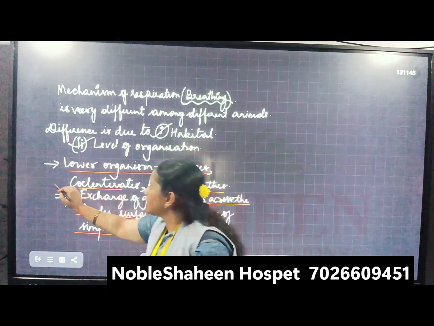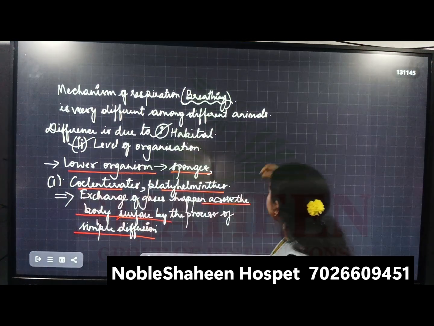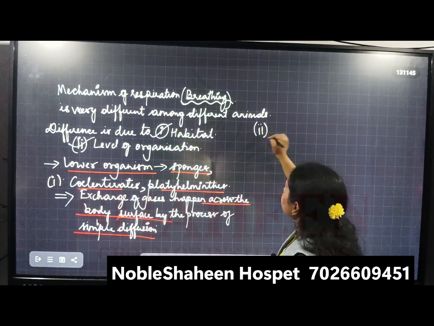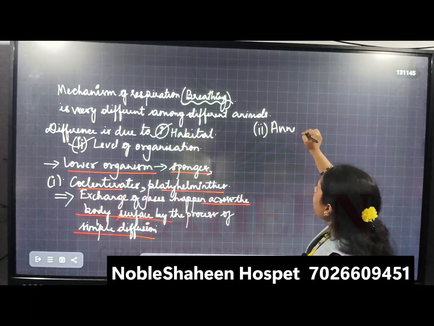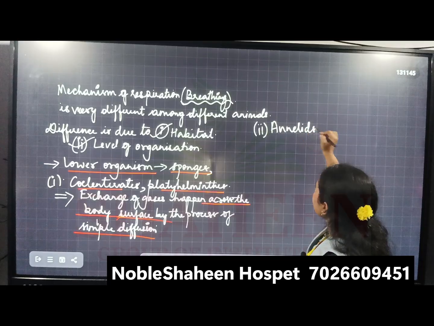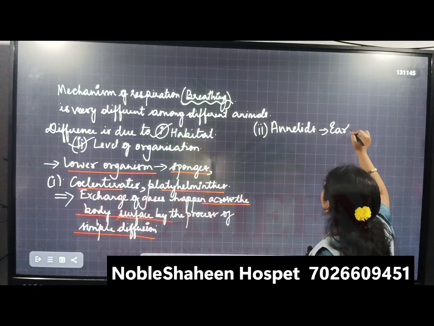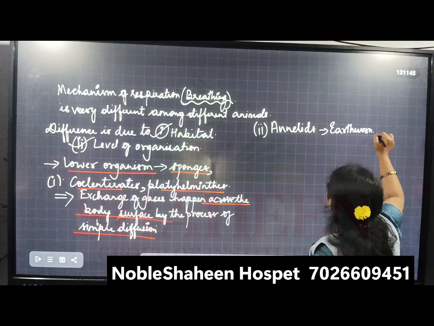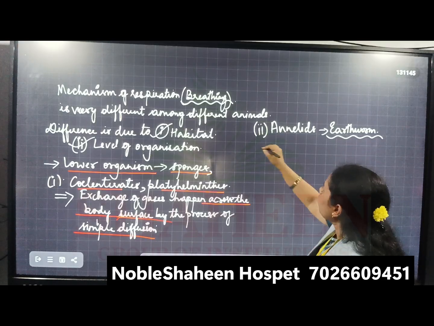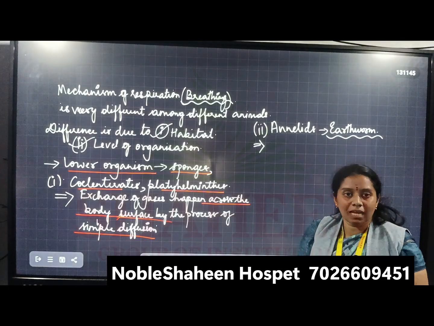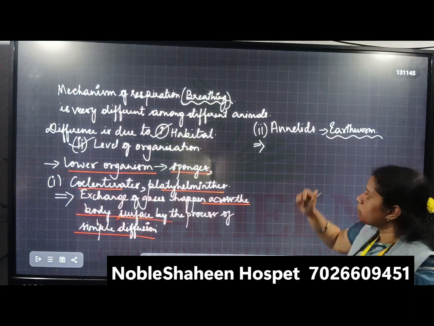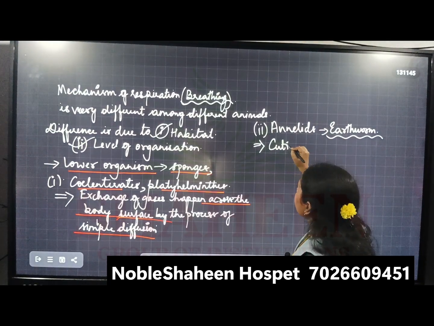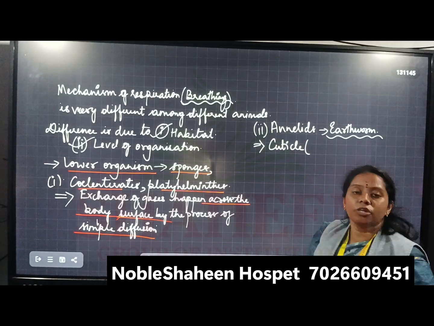Next, what about other groups of organisms, right? So this is, let us take this as our first category, and next comes our second category. Like, let us take an example of annelids, that is earthworm. So we all know that the earthworm skin is very much thin and it is very much moist. It's because of the layer called as cuticle. So what is cuticle?